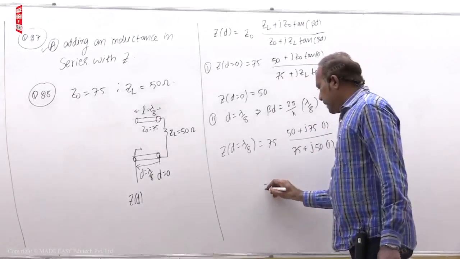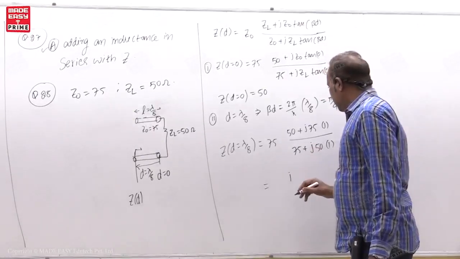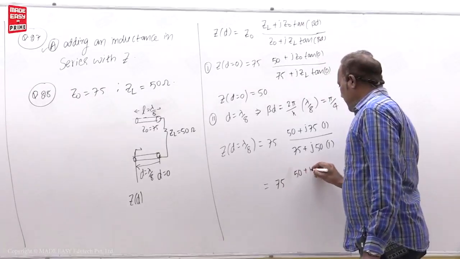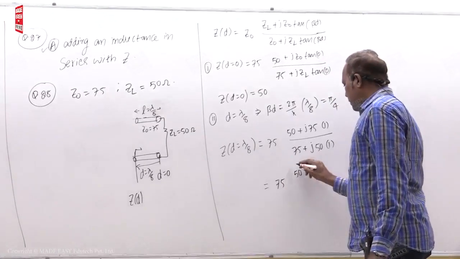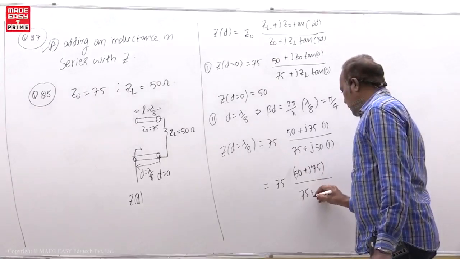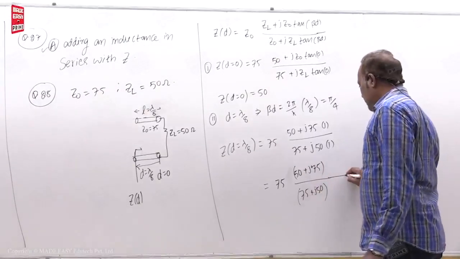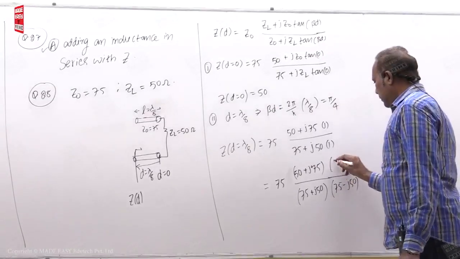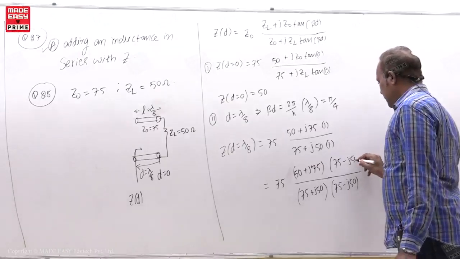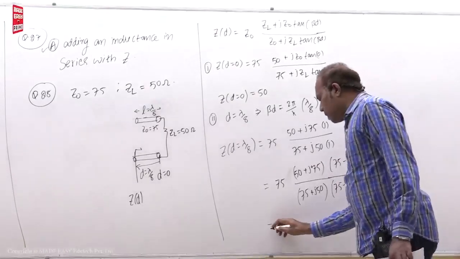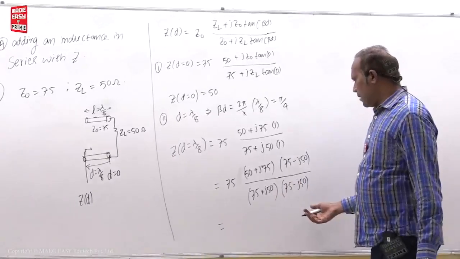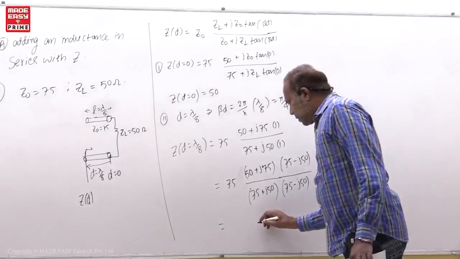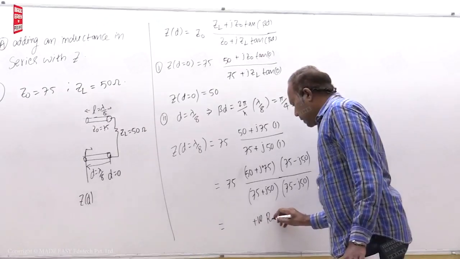If you calculate this, students, you get 75 times (50 plus j75), divided by (75 plus j50), then multiply by (75 minus j50) in numerator and denominator. Ultimately, after calculation, we get a positive reactance.